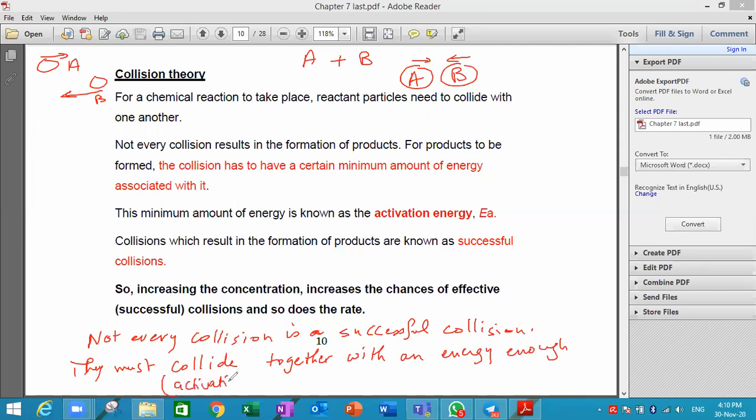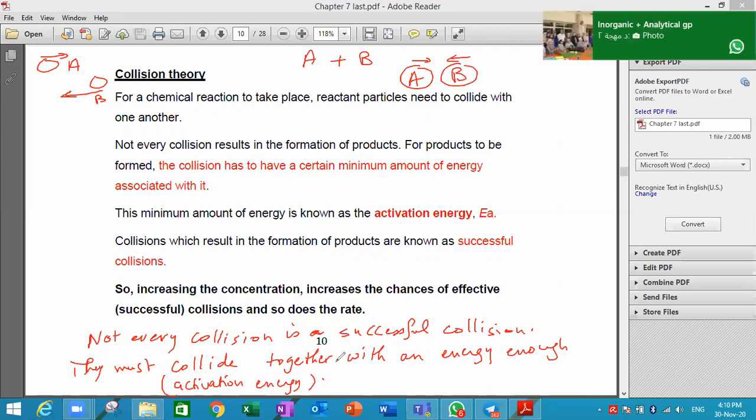They must collide together with a big energy that is called the activation energy for this reaction to take place.